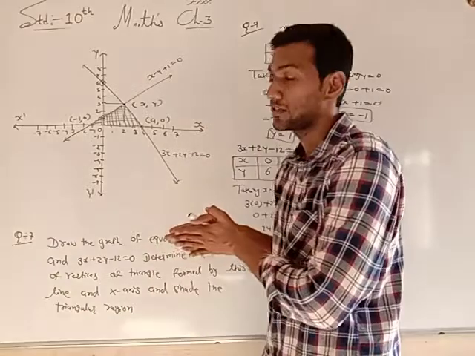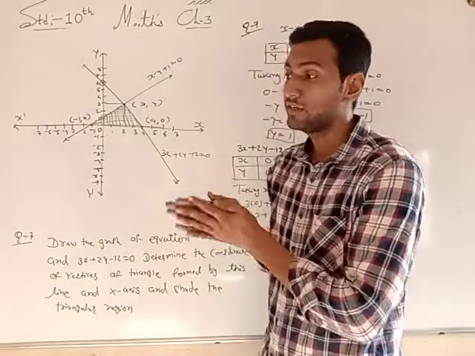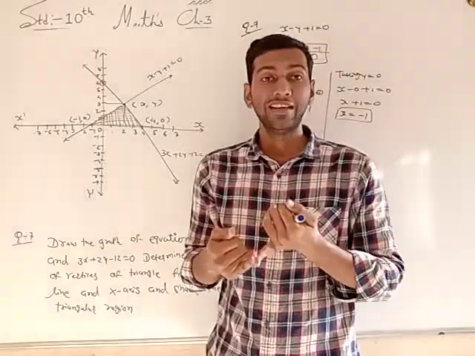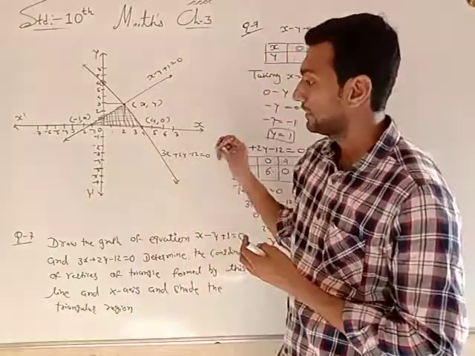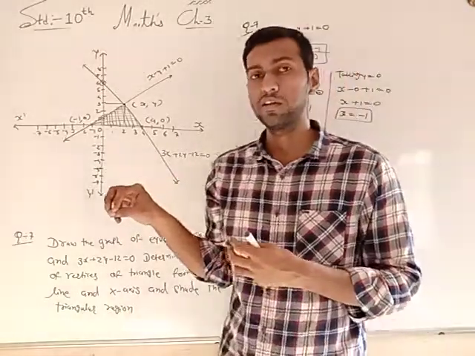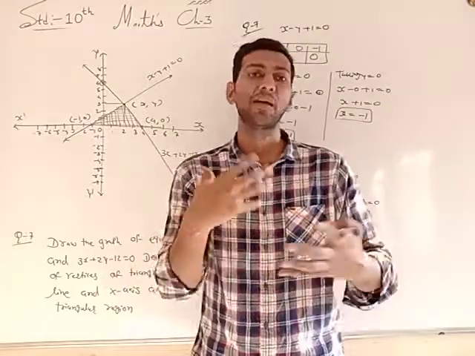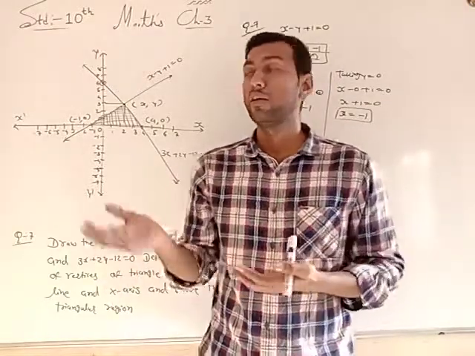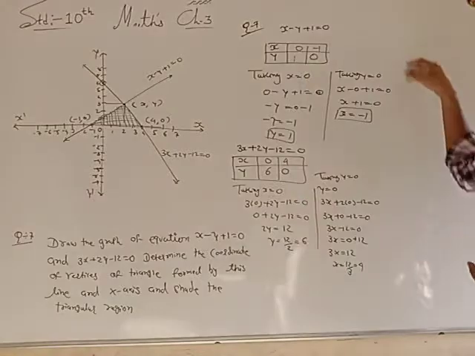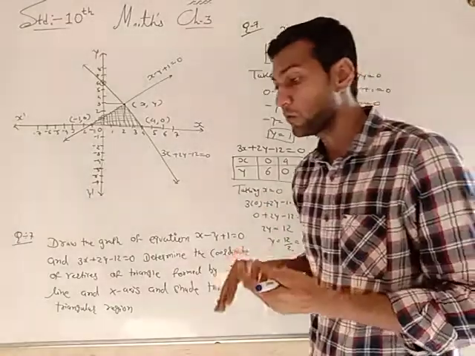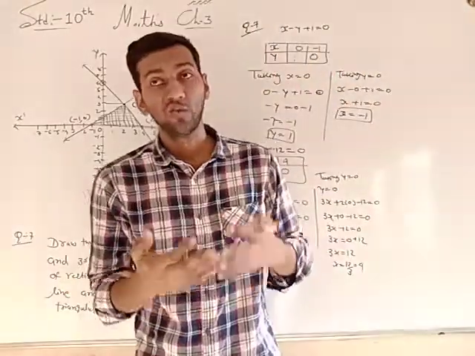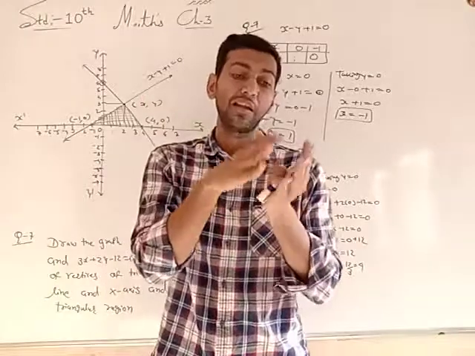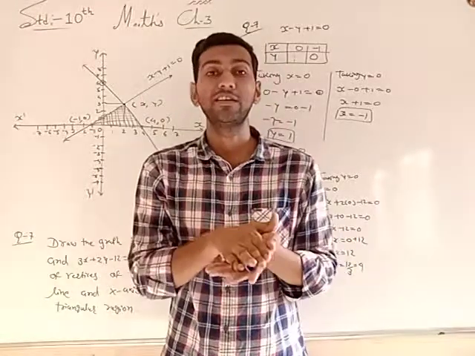Up to this class, we did how to make a linear equation in two variables and the graphical representation of a linear equation in two variables, and which type of solutions we get from the concept a1 upon a2. From the ratio of coefficients you can judge whether the lines are parallel, intersecting, or coincident.